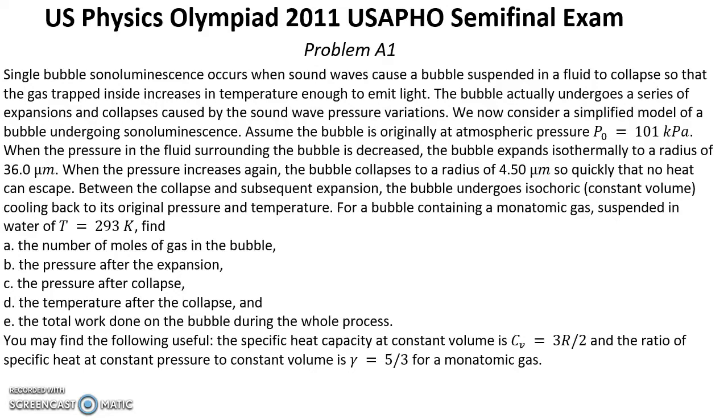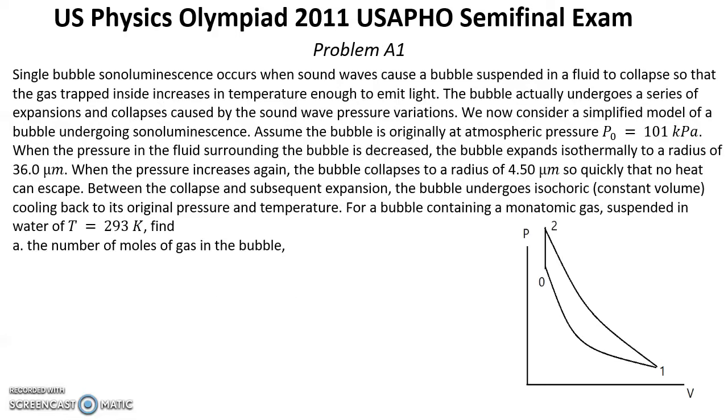Solution. To start solving this problem, first let's draw the PV diagram for this process. Initially we have point 0 with an initial unknown volume, but in point 1 we have a known volume which has a radius 36 micrometers, and that was isothermal expansion.